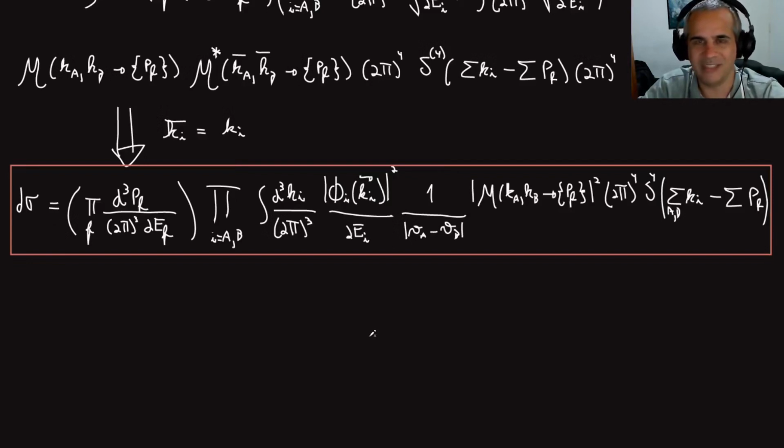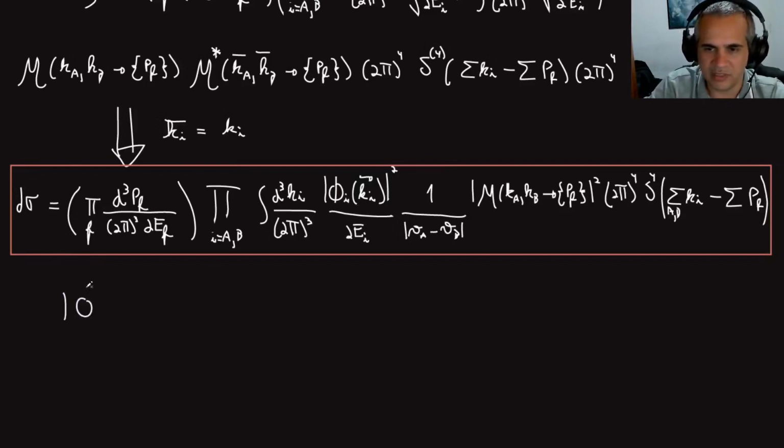So I just want narrow distributions in momenta. The easiest way to do this here is to assume they are Dirac deltas. But this is not critical. This is just the easiest way of doing it.